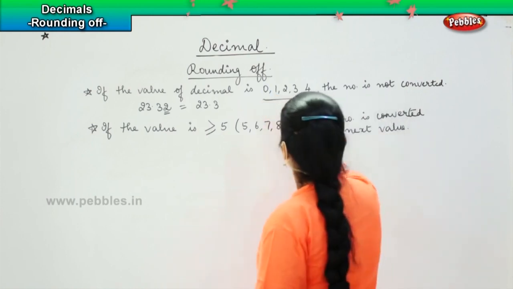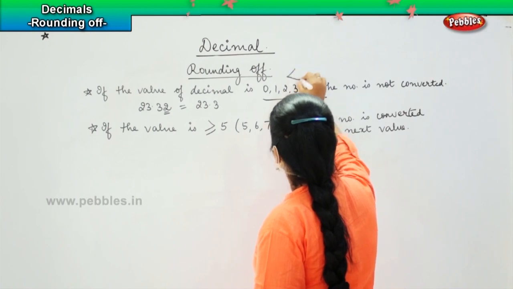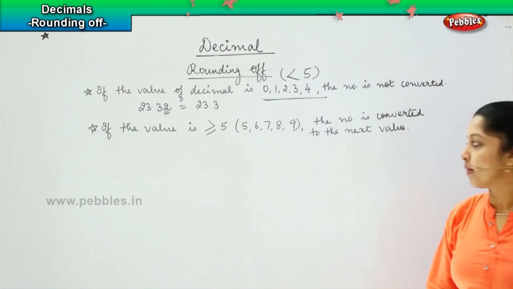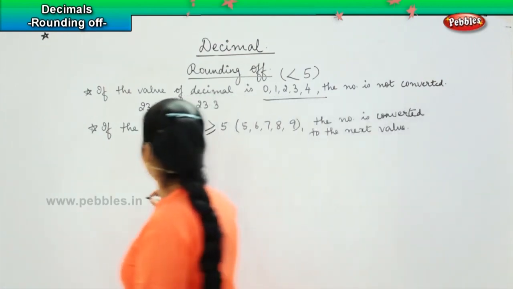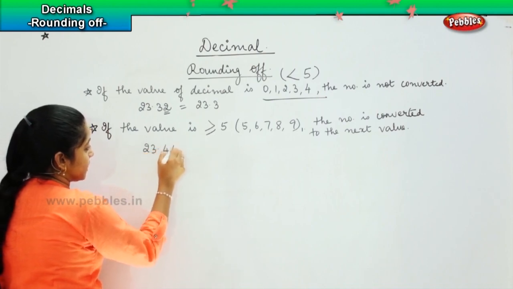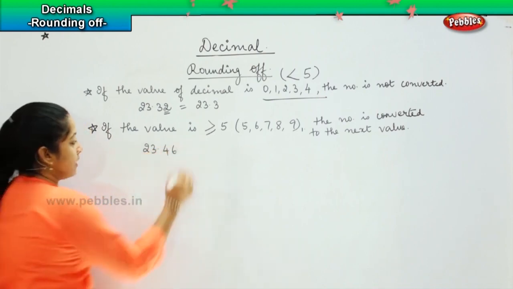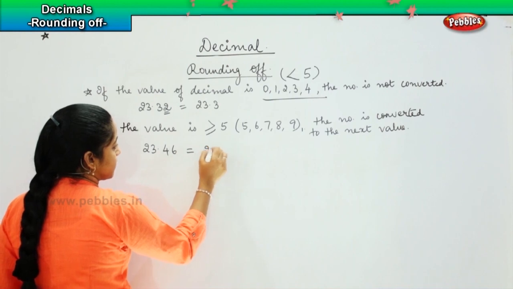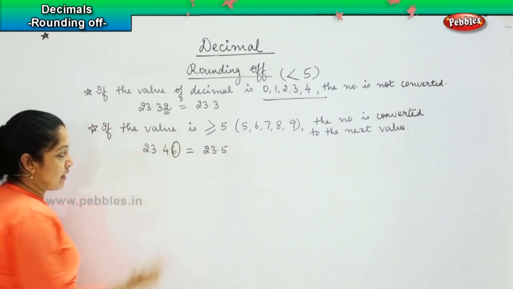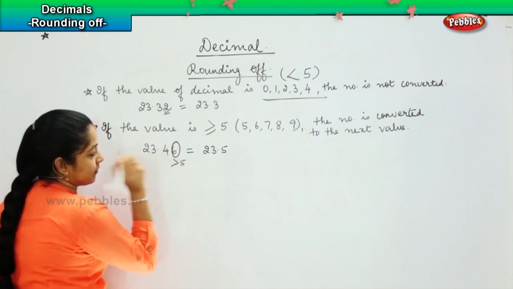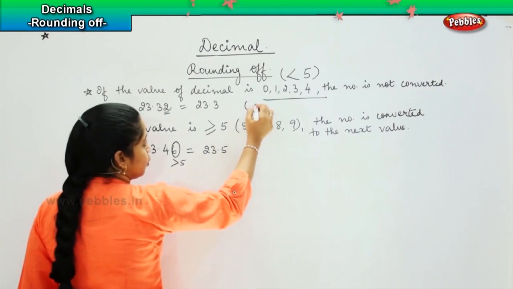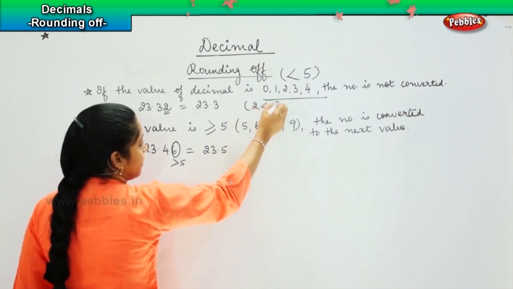Here, if I write 23.46, this can be written as 23.5 because the value 6 is greater than 5. Here we write 23.3 because 2 is less than 5.